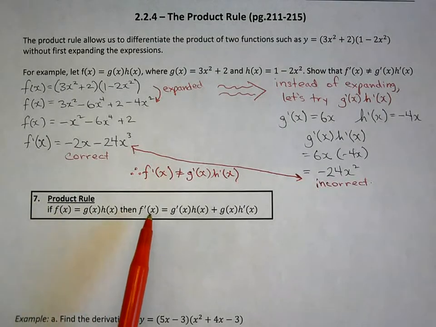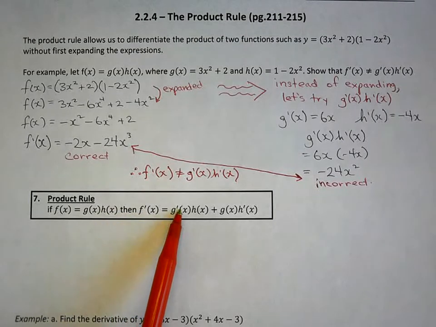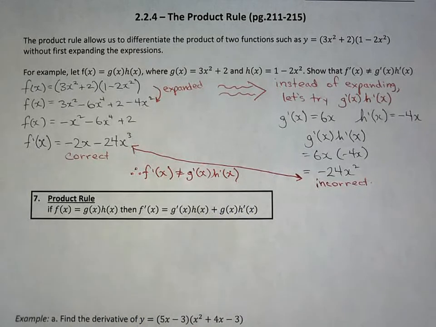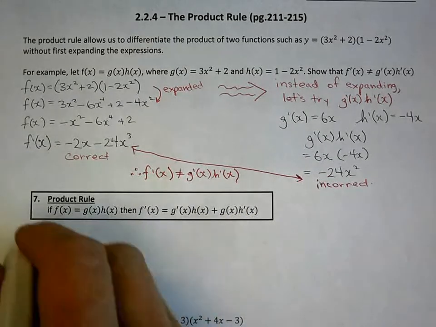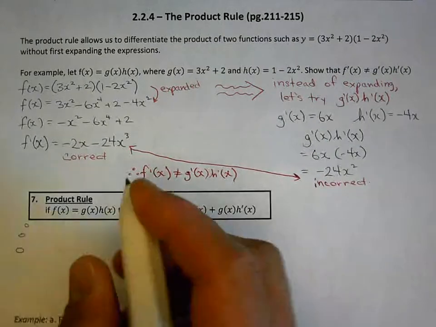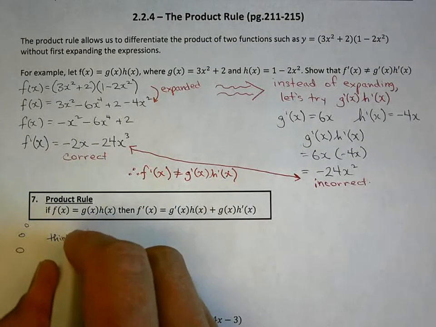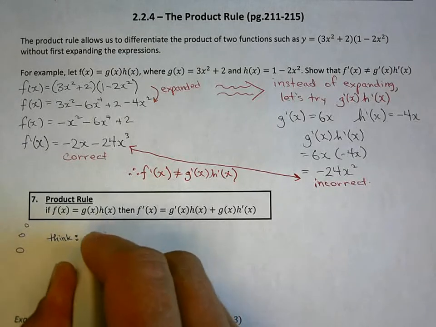That is, you hear this, the derivative of f is equal to the derivative of g times h plus g times the derivative of h. Let's just think about this in words before we go on and do some examples. Some of you will prefer the examples, some of you will prefer the definition. But think about what this is saying.